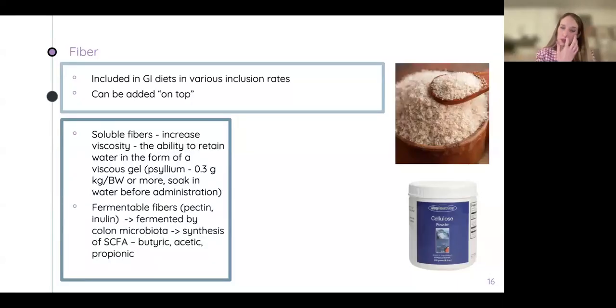Then you can use fermentable fiber, but keep it moderate, because too high fermentation is also not good. So here we have pectin or inulin as good examples, and they would serve as a substrate for fermentation in the colon, especially to produce those short-chain fatty acids.